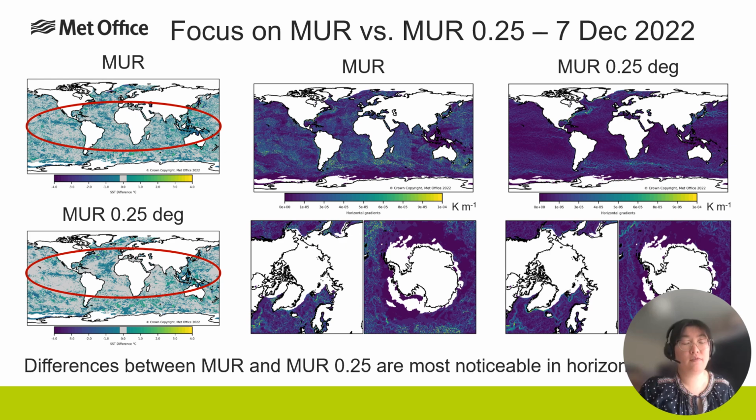You can see the smooth version appears to have more gray areas against GMPE medium than the full resolution, meaning it compares better against the GMPE medium, but it doesn't mean that the smooth version is a better analysis. In terms of the horizontal gradients, the difference is probably clearer, where the full resolution appears to be more noisy than the quarter degree resolution. But again, it's hard to say which one is definitely better than the other.